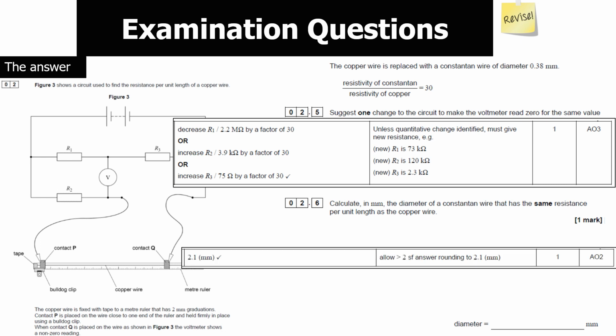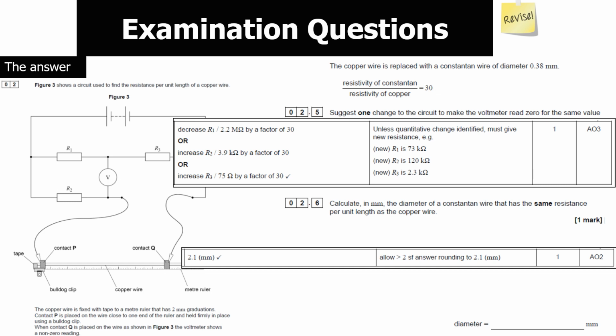Now the next one, the answer is 2.1 millimeters. Now how can you work this through? Well, you know that resistivity is equal to RA over L. In terms of resistivity, let's just say it's 30 times greater, so you can pop that in like that. We know the difference is going to be with the same resistance per unit length, so therefore R over L is going to just cancel through.